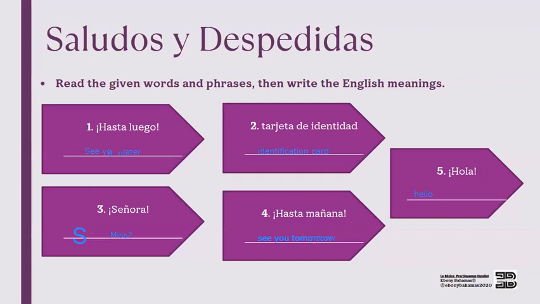Señora is a title. Mrs. It's for a married person. Even if you look at my name on my screen, it's Señora. So Señora refers to a married lady. Señorita refers to someone that's not married. And then, of course, señor is for a gentleman. So, those titles you need to know.